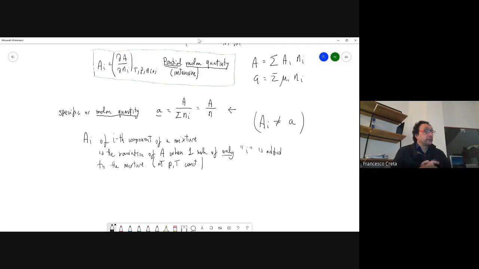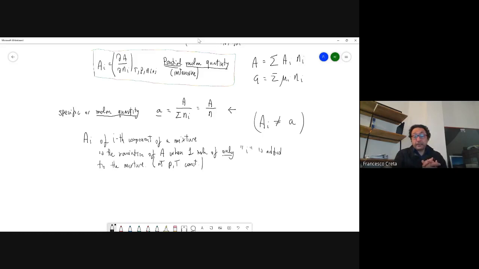I may be interested in finding out whether the addition of 1 mole of a substance may vary the overall volume differently than if I'm adding, for example, 1 mole of the whole mixture.